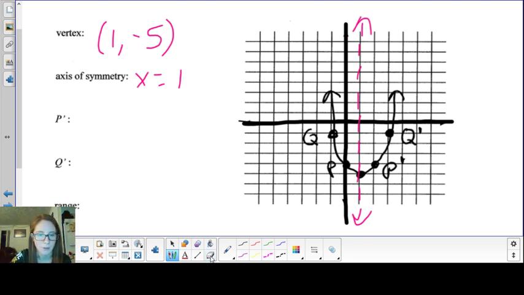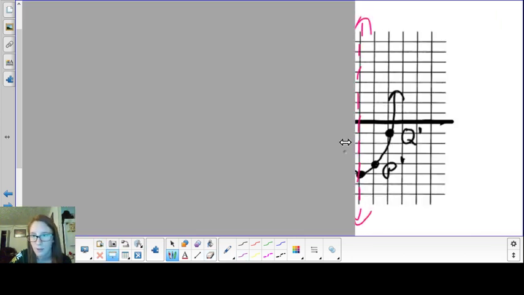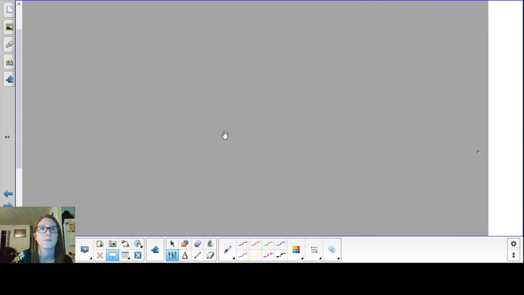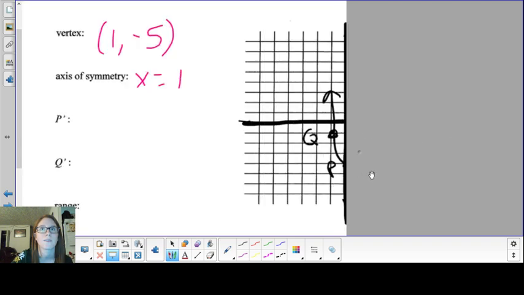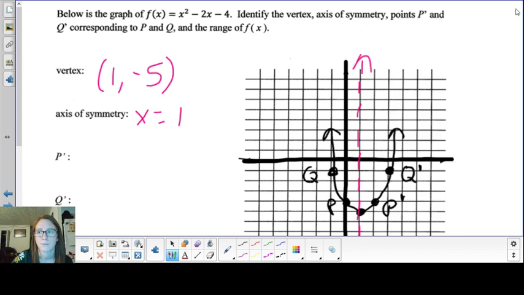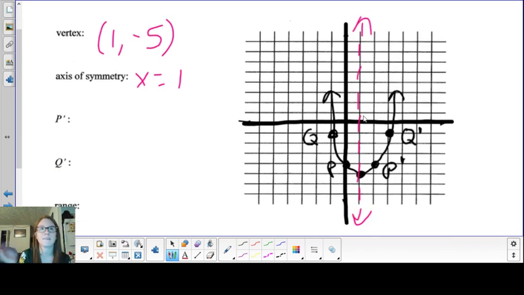If I were to cover half of this up, I could reflect it onto the other half. So the axis of symmetry allows me to talk about half of the graph at a time because I know the other half will look like a mirrored version of it.